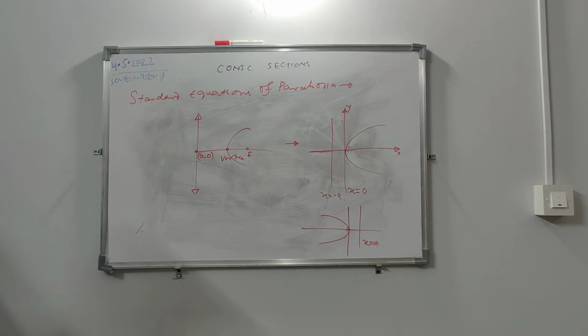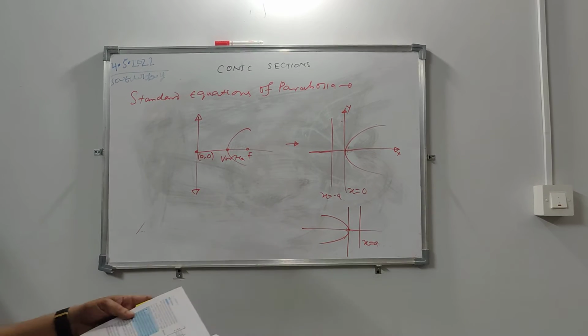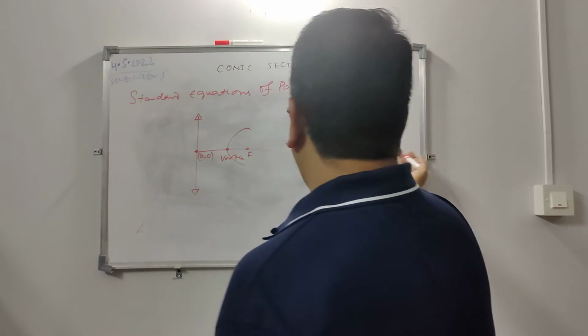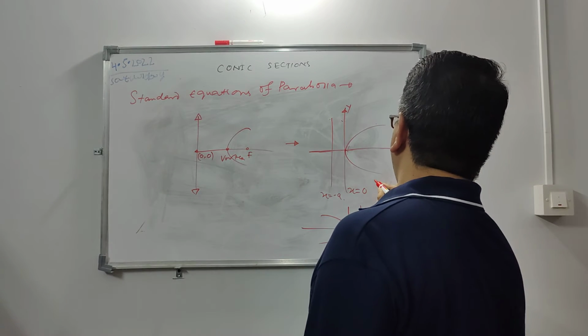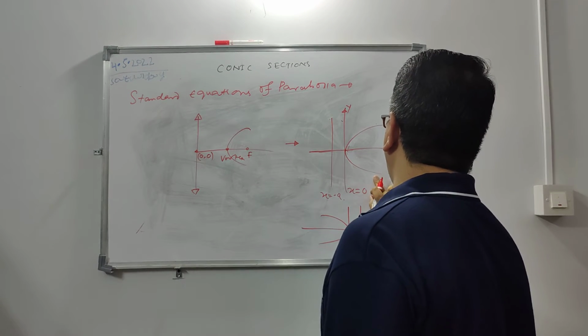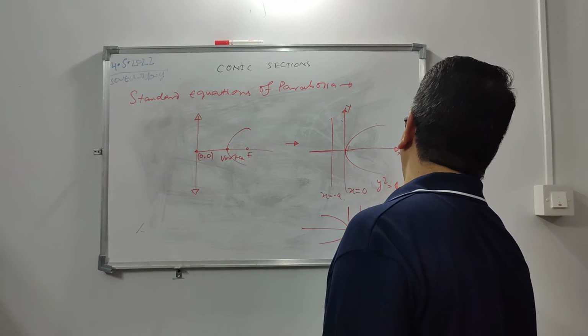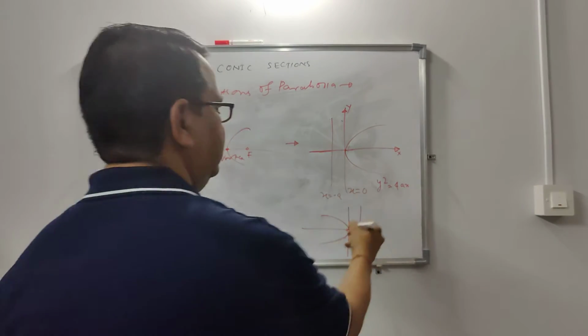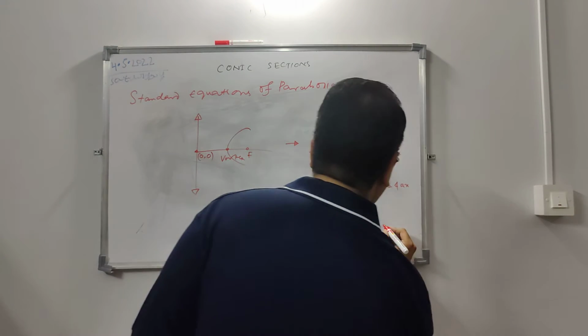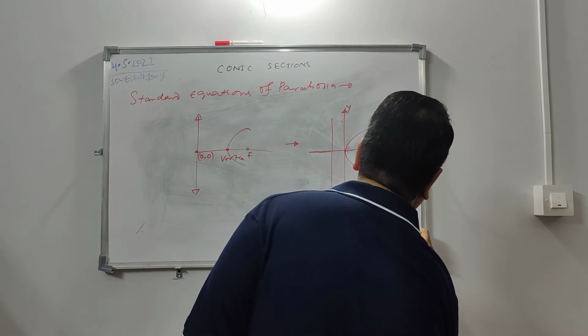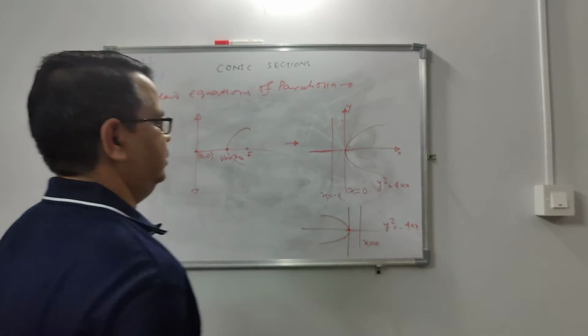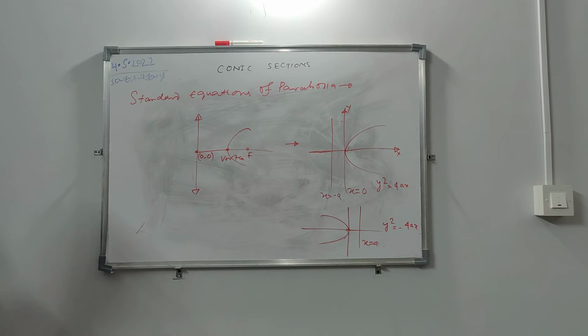So this one, when it is towards the positive axis, your equation will be y square is equal to 4ax. This one will be y square is equal to minus 4ax. So that's the equation for that.